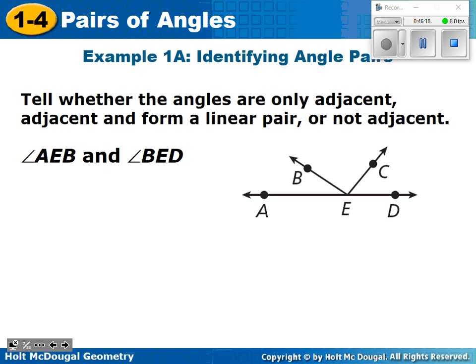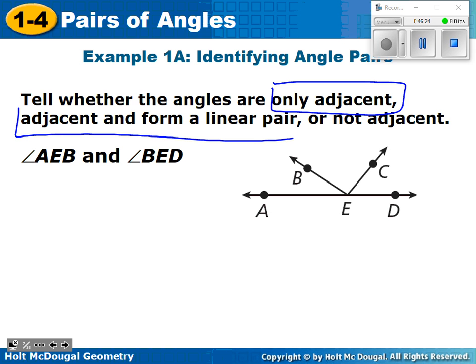You're going to look at these two angles in the picture and answer the question. Are these only adjacent, adjacent and form a linear pair, or not adjacent at all? So I'm going to give you about 30 seconds, look at those two angles, and then we're going to, as a class, answer the question.